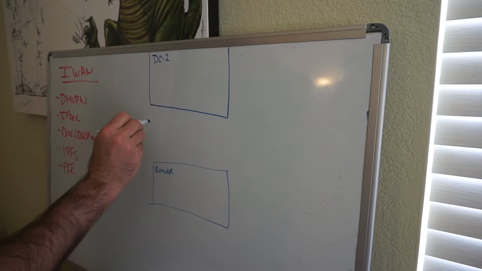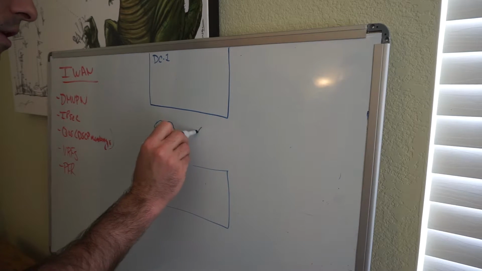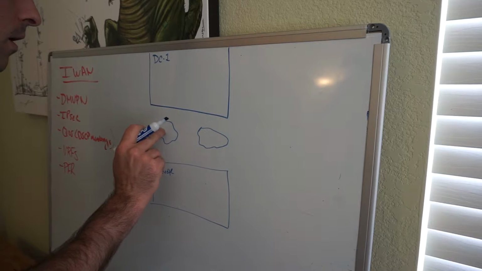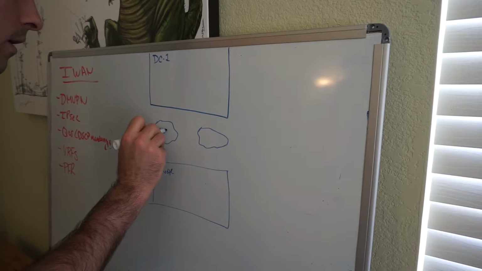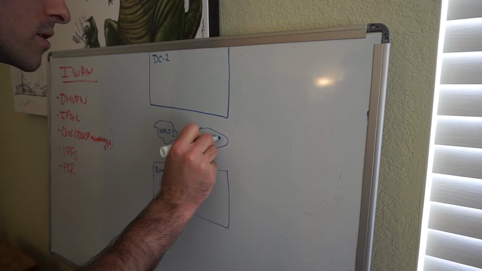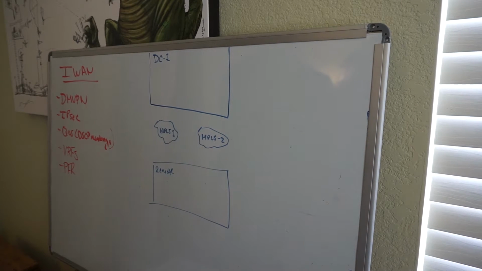Because it's a critical remote site, you're probably going to have MPLS1 and MPLS2. You might have Verizon and AT&T, but you're going to be dispersed, just to make sure that if one provider goes down or a colo dies, you don't lose both.